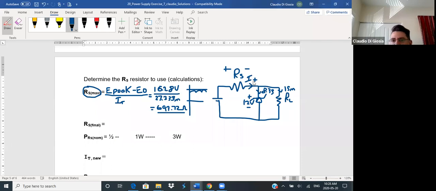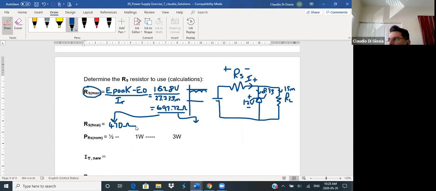If my current IT is lower and RL still takes 15 milliamp, I'm left with less than 8.33 for my Zener. So from the kit, I'm going to choose one of a lesser value, which is the 470 ohm resistor.